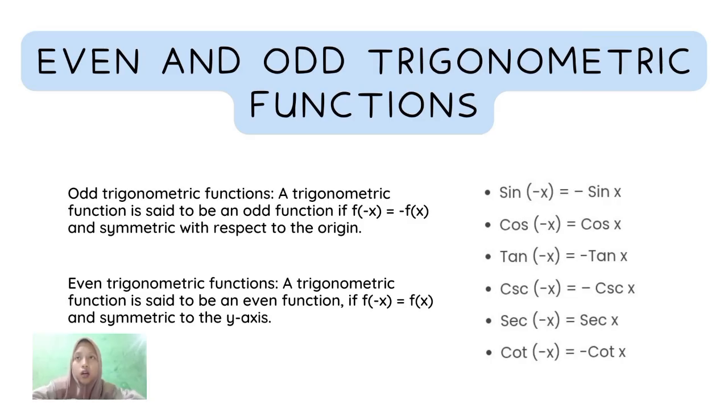Even and odd trigonometric functions. The trigonometric functions can be described as being even or odd. A trigonometric function is said to be an odd function if f(-x) equals -f(x), and it is symmetric with respect to the origin.